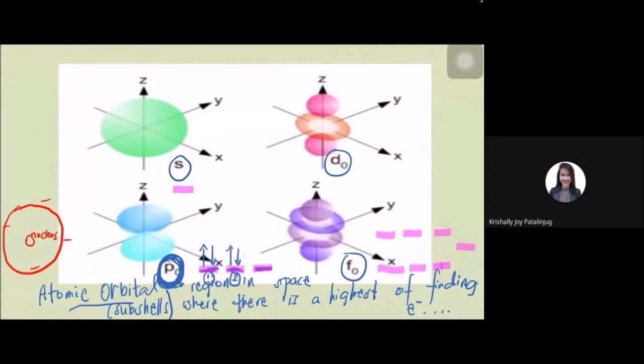The arrows represent electrons, for instance. The third orbital is the same: only two electrons can occupy it. So please take note, only 2 electrons can be accommodated per orbital.